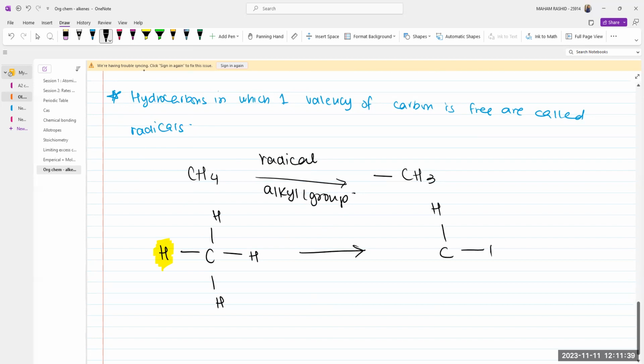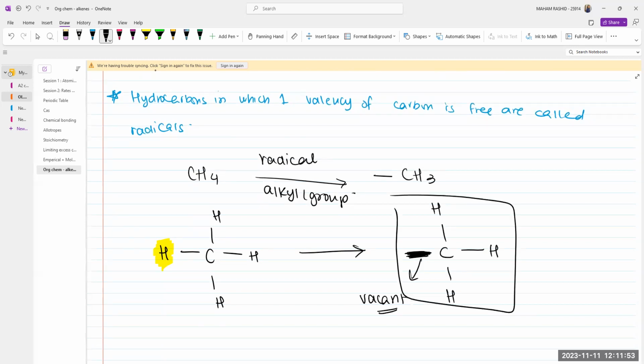CH3, right? And this valency will remain vacant, right? So this vacant valency, because of it this whole structure turns into a free radical. Okay, no rocket science behind it, but just a concept that you need to know.